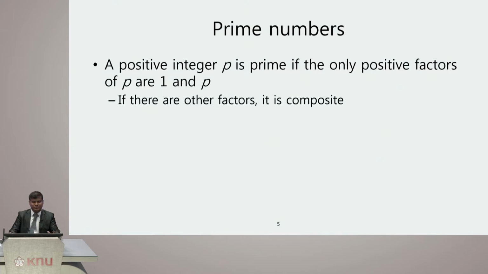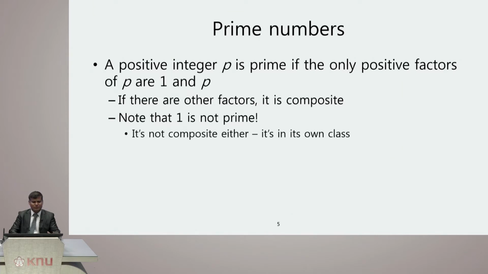Let's see some of the theorems related to prime numbers as well as composite numbers. If there are other factors that divide the number, we call it composite. And we know that 1 is not a prime, so 1 doesn't come under this category. 1 is quite unique, it has its own class.